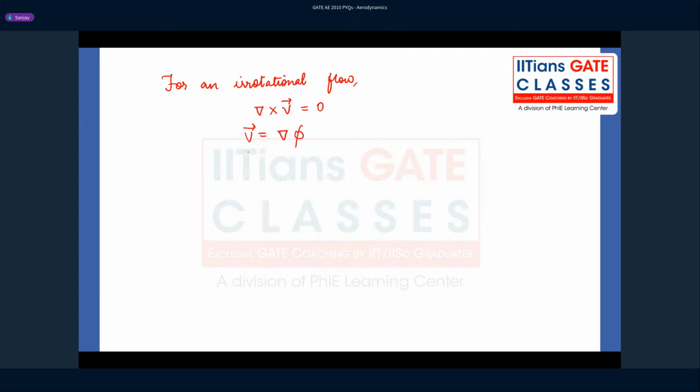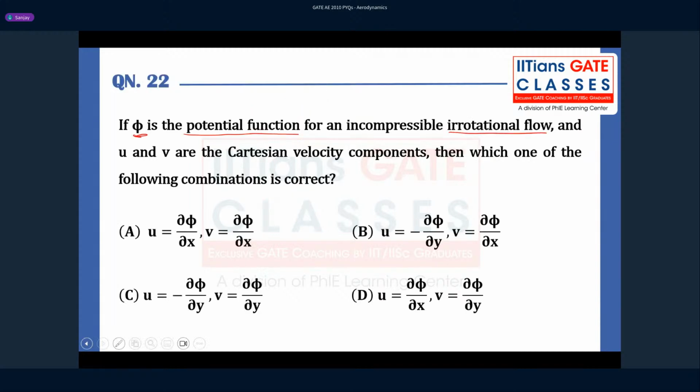Velocity can be expressed as a gradient of a scalar potential function. You can only write this for an irrotational flow, right? So what does this mean, guys? If you split it into components, you can write u is equal to dou phi by dou x, v is equal to dou phi by dou y. That's it. So that is what is asked here. You can just match the options. Option D looks the most appropriate one, others are wrong.